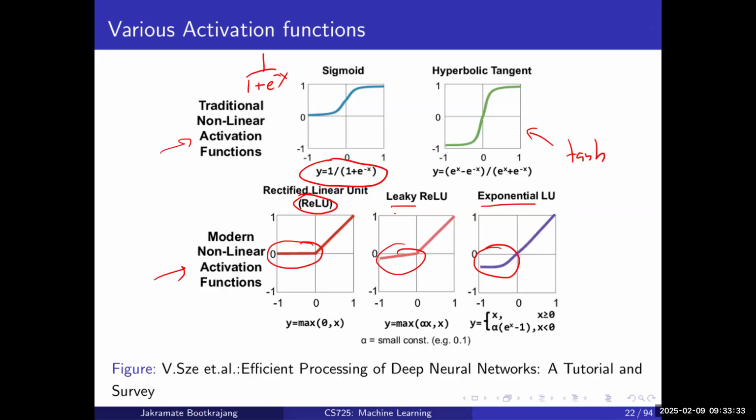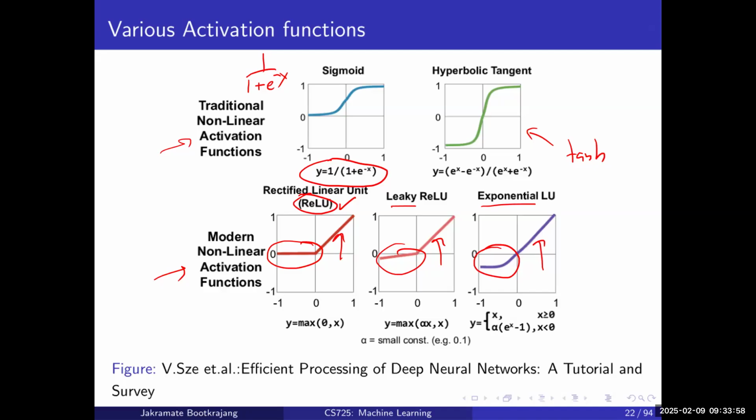And then after that, you want to keep it quite linear. You want to keep the output quite linear. And in today's standard, the rectified linear unit is the most common neuron type.